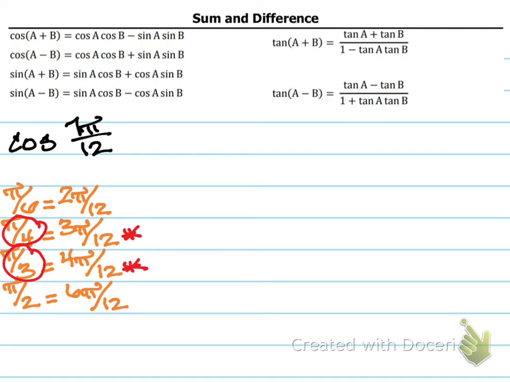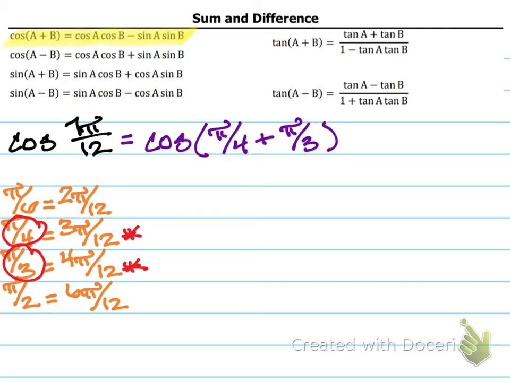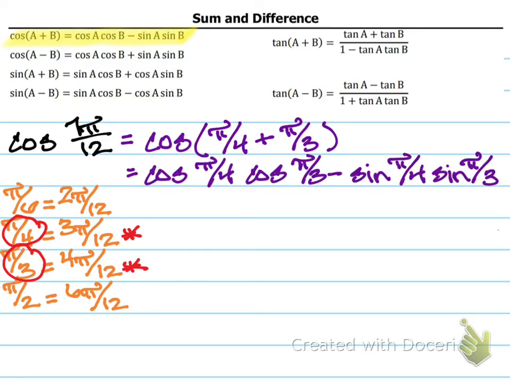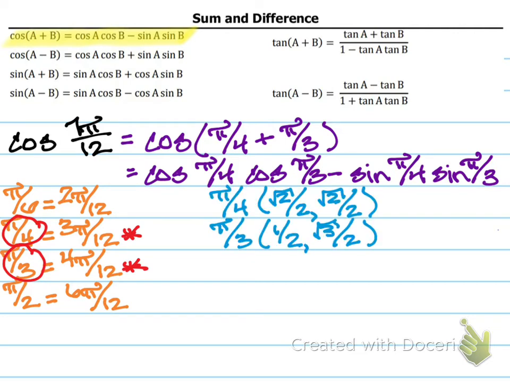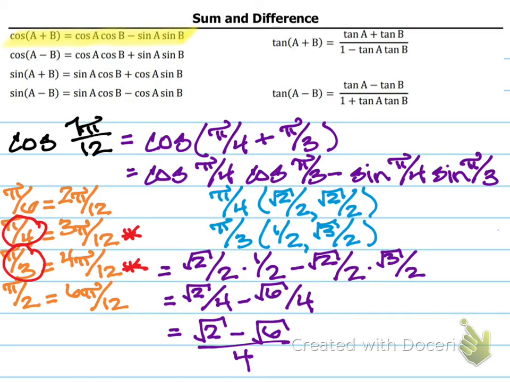So we can rewrite the cosine of 7 pi over 12 as the cosine of pi over 4 plus pi over 3. And then you can see we'll use that first formula there. So then we can rewrite again using the formula, and then there are ordered pairs for pi over 4 and pi over 3. And then we're just plugging in.